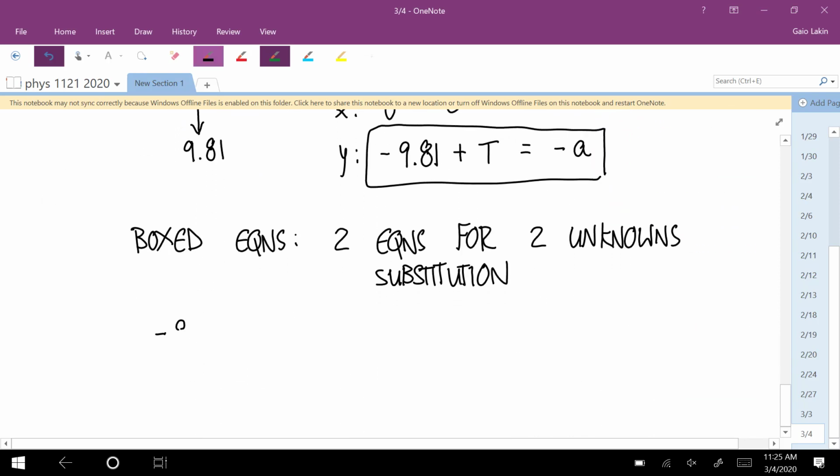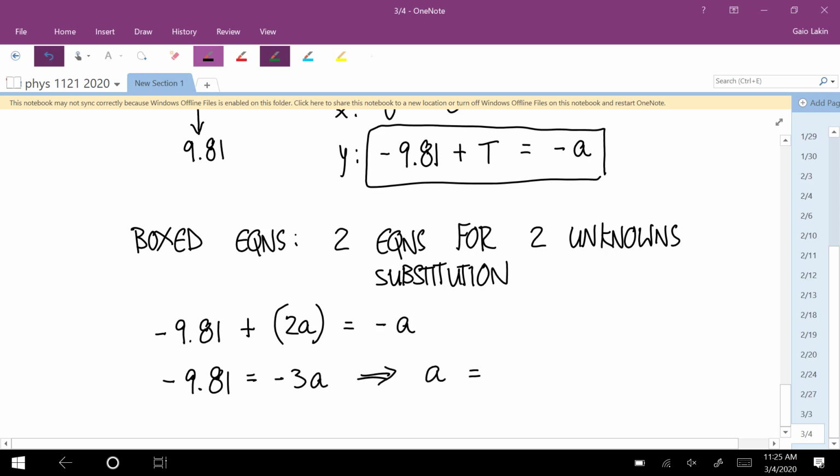You get negative 9.81 plus 2A is equal to negative A. And so negative 9.81 is equal to negative 3A. And so A is equal to positive 3.27.